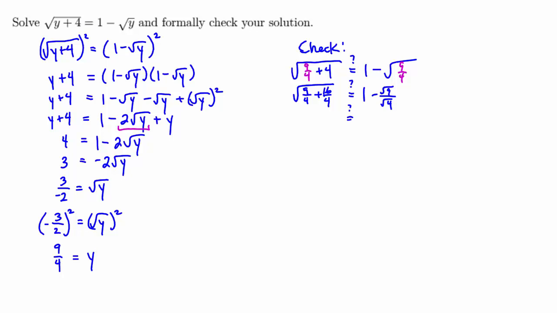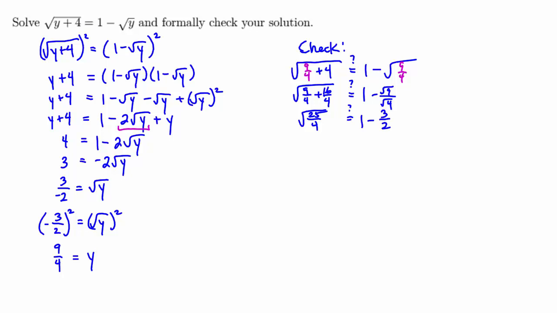Continuing to simplify that left side, 9/4 plus 16/4 will give me 25/4, and that's still inside the square root. On the right side, I have 1 minus that square root of 9 over the square root of 4, and that simplifies to 1 minus 3 halves.